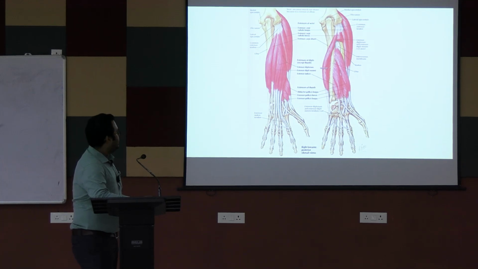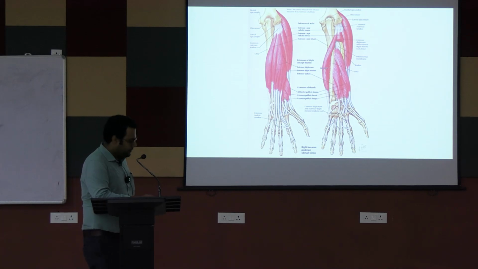Okay, and in the deep compartment we have the abductor pollicis longus, the extensor pollicis brevis, the extensor pollicis longus, and lastly the extensor indicis.